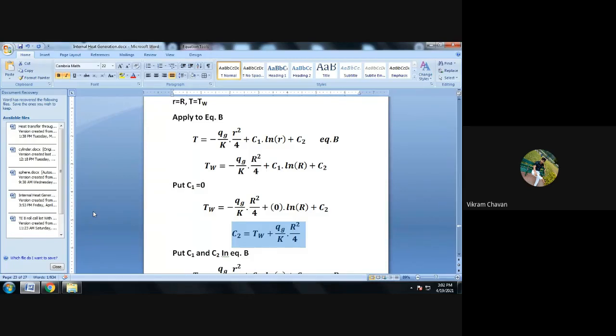C2 is equal to Tw plus Qg divided by K multiplied by R square divided by 4. So everyone with me? Everyone reached up to this point?